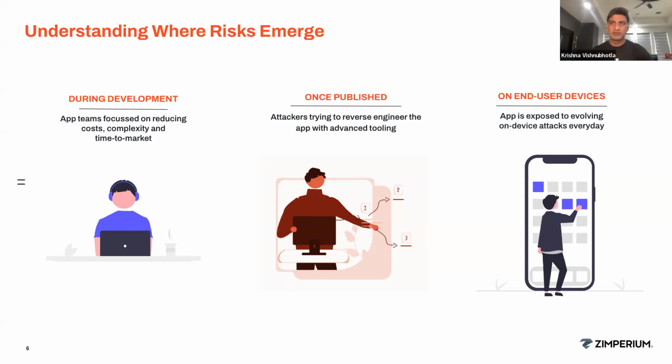And on the end user devices, I think sometimes what gets underestimated is the end user controls the phone, right? The way I use my phone is very different from how you will use your phone, right? We connect to Wi-Fi as we travel. I'm downloading apps and games from third-party stores because they're cheaper, whatever it might be. The usage pattern of the end user on that phone is a huge risk factor, right?